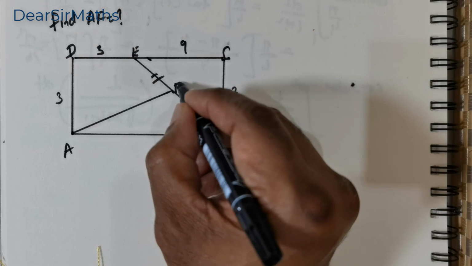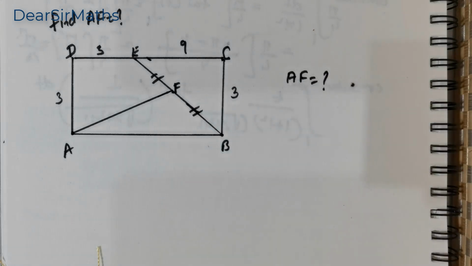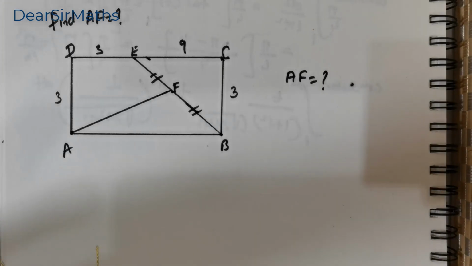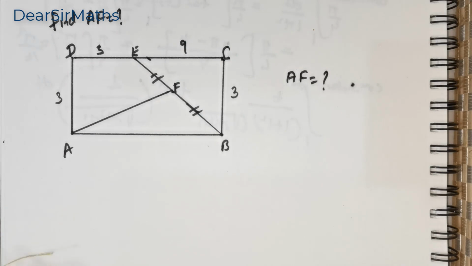Now this point is taken as F, and you are expected to find the length AF. If you see the solution, the author has adopted a very complicated approach, whereas this question can easily be solved by means of the concepts which we have already studied.